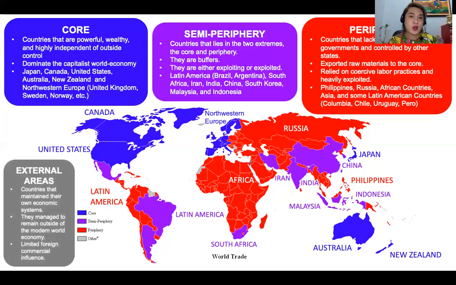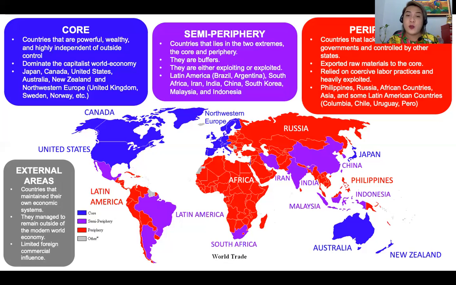Now, there is what we call, not part of the three, the external areas. The external areas are countries that maintain their own economic system and thus manage to remain outside of the modern world system, meaning they are the introverted countries. They do not let themselves be exploited by one another.